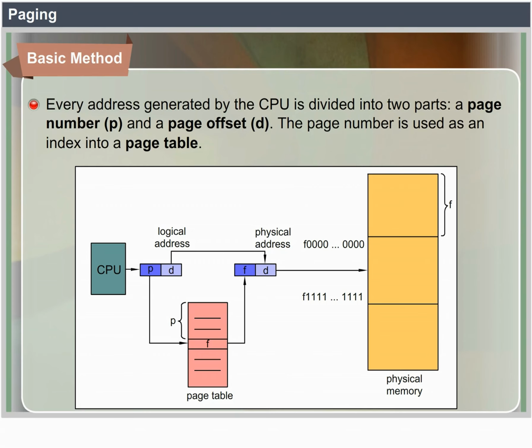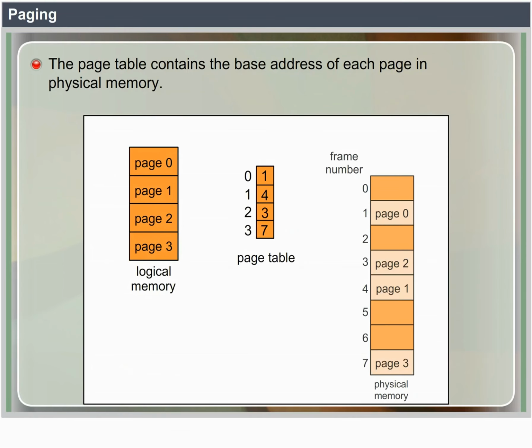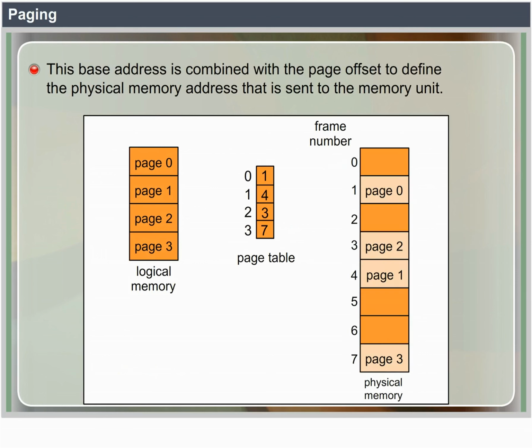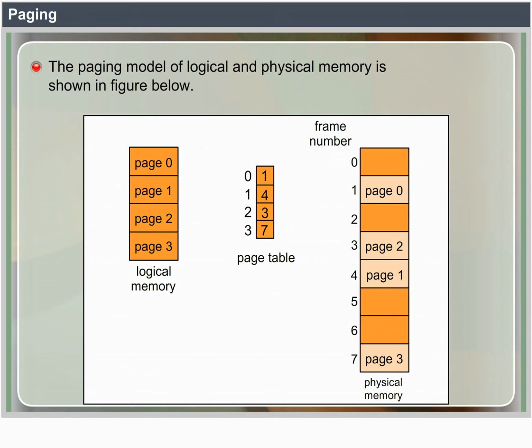The page number is used as an index into a page table. The page table contains the base address of each page in physical memory. This base address is combined with the page offset to define the physical memory address that is sent to the memory unit. The paging model of logical and physical memory is shown in the figure below.